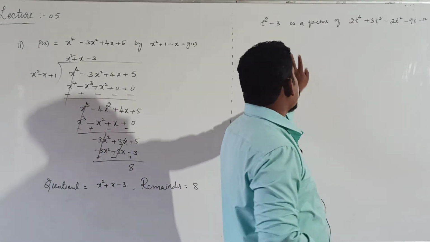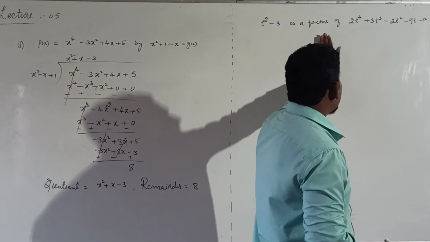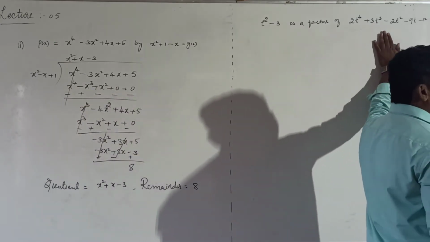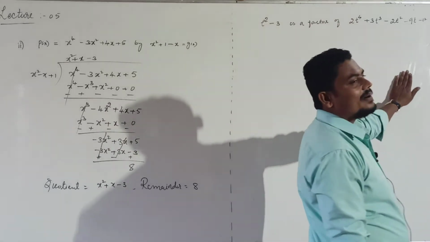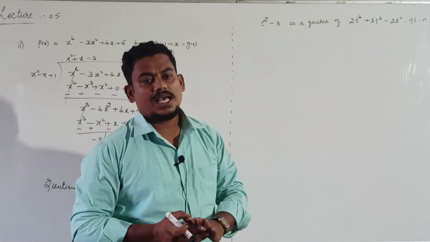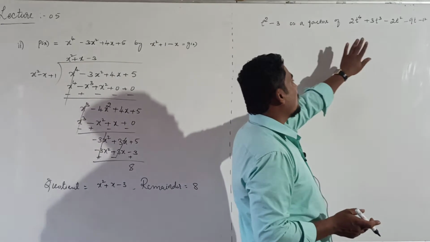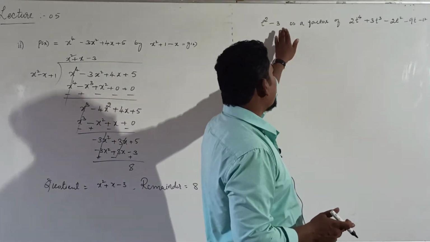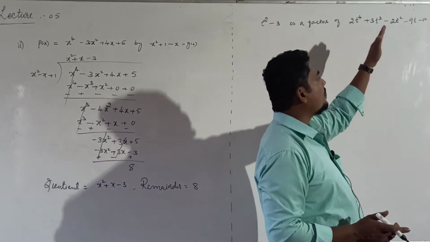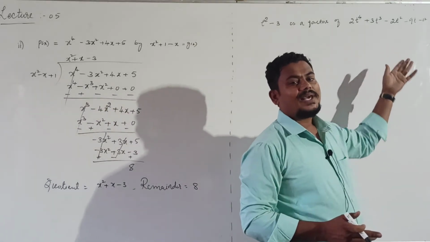Check whether t square minus 3 is a factor of this polynomial. When is t square minus 3 said to be a factor of this polynomial?